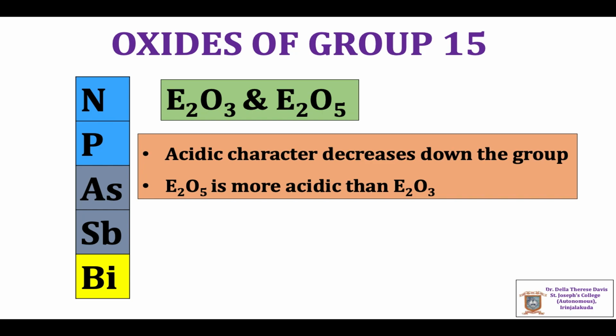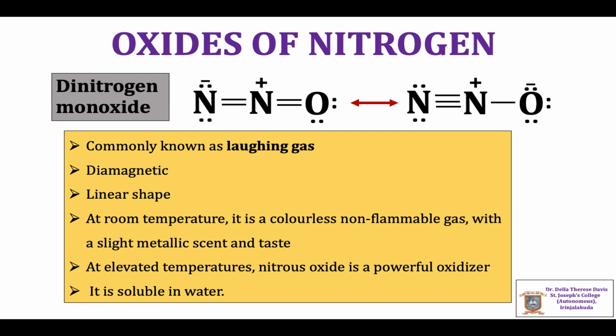Comparing E2O3 and E2O5, the E2O5 molecule is more acidic than E2O3 in all the cases. Nitrogen forms several oxides in which the oxidation state of nitrogen varies from +1 to +5. We shall discuss the oxides of nitrogen.